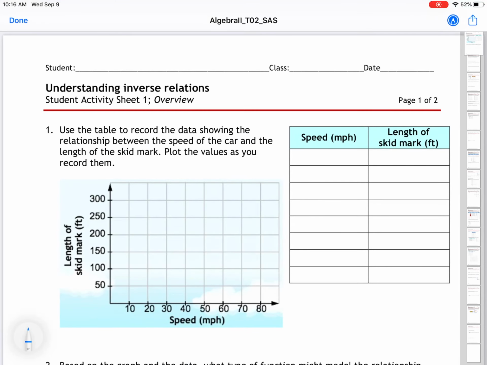Now, 42.86 to 76.19 was 33.33. 76.19 to 119.05 is 42.86. Hold on. 52.38. All right, so you just find the difference between each thing.